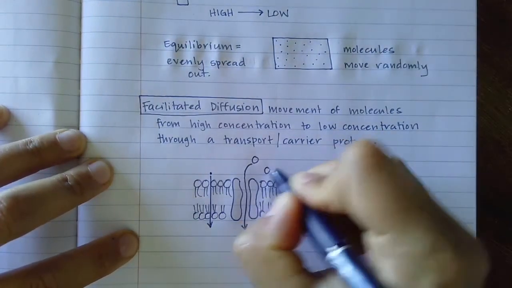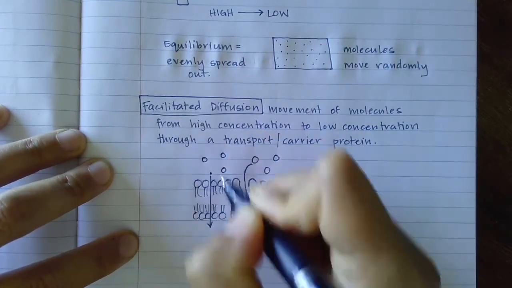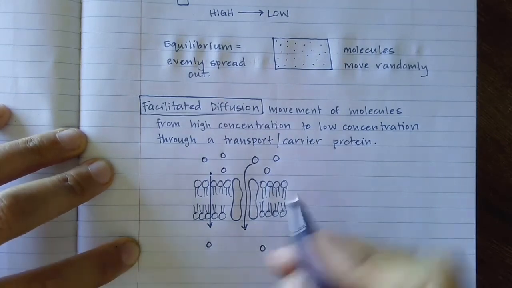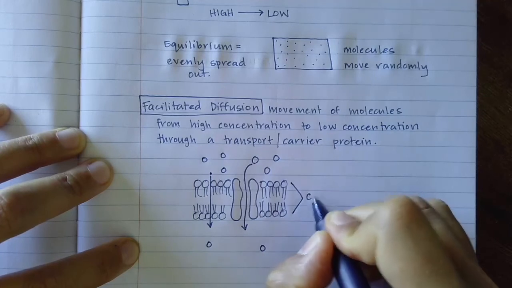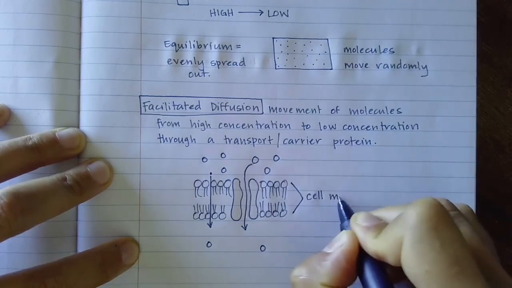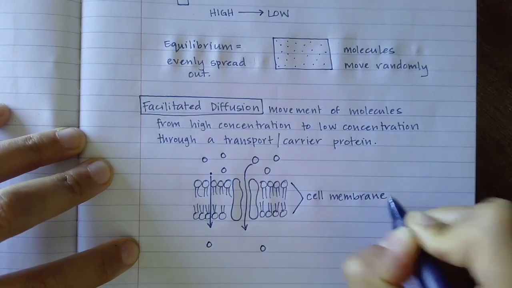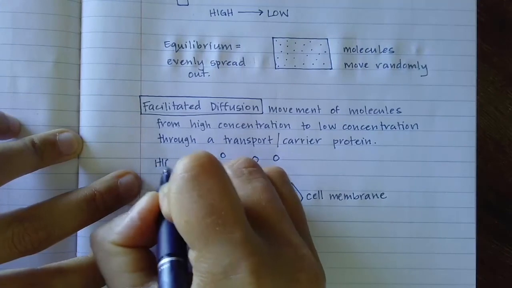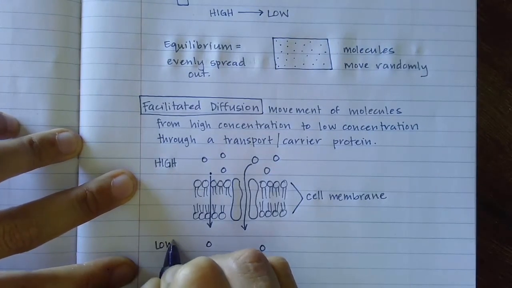Now, they're still going to move from high concentration to areas of low concentration. So this here is the cell membrane. And this is an area of high concentration, and this is an area of low concentration.